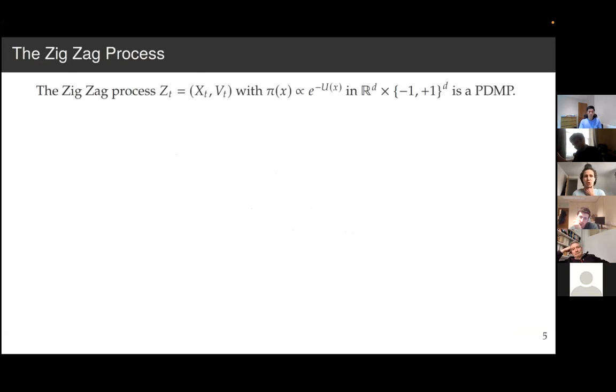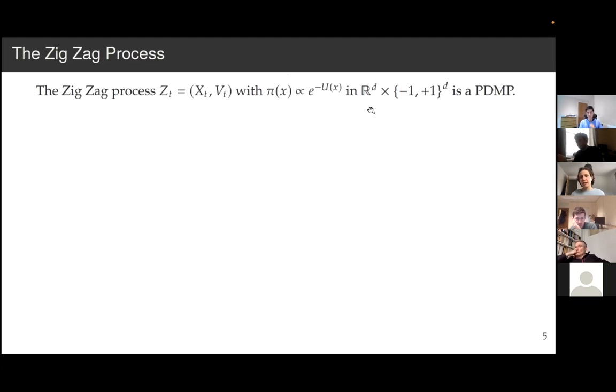I'm going to talk mainly about the zigzag process and particularly the zigzag sampler. This is a specific PDMP that I've been working on. Again, we're working on an extended space of a location and a velocity, and we use the location to explore a target density of interest that can be written in this way, where U(x) is the potential that helps us decide how to move around x.